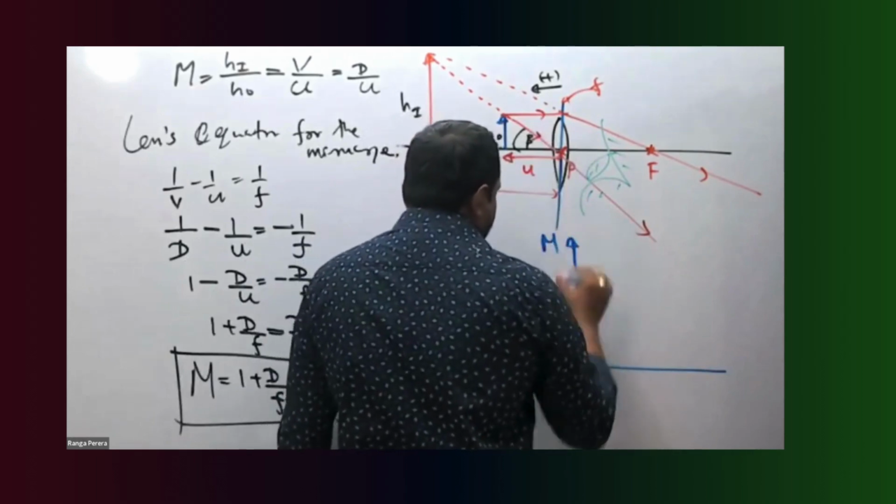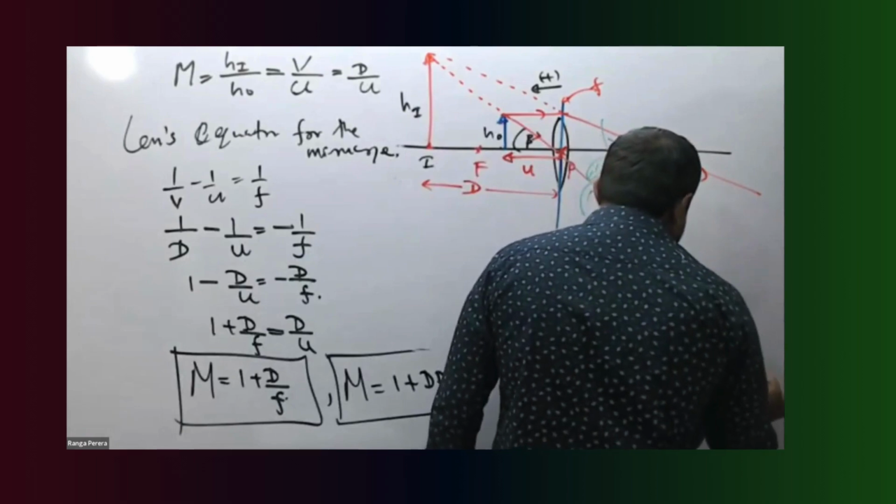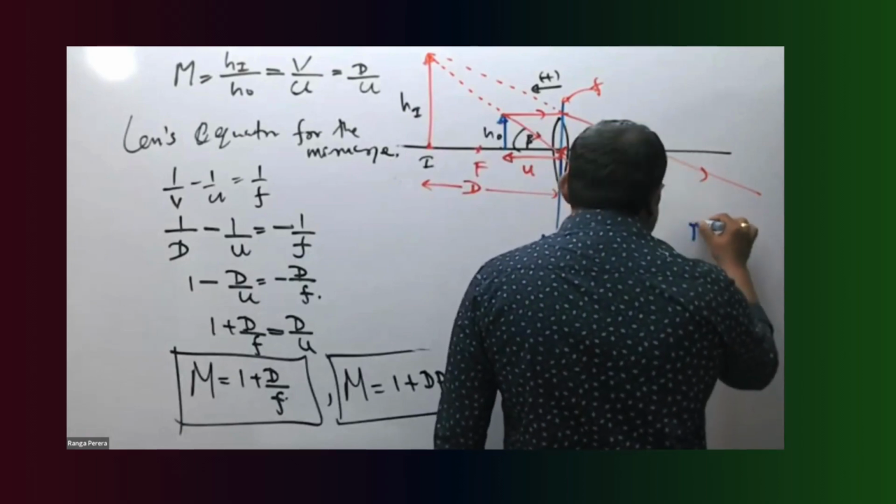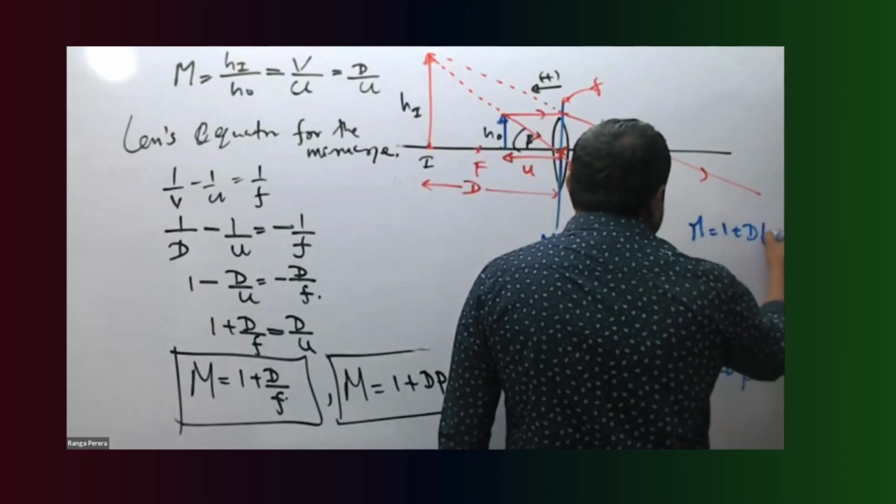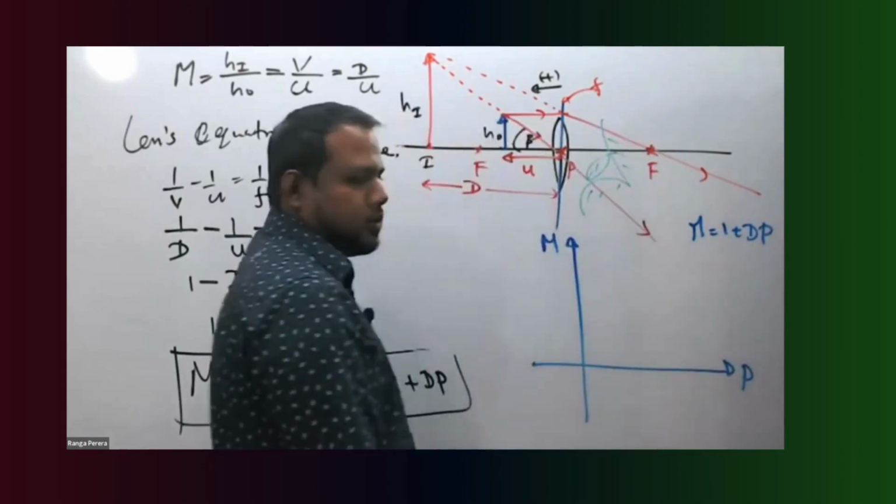This is the angular magnification. This is the power of the lens. Angular magnification equals 1 plus dP. Think about that.